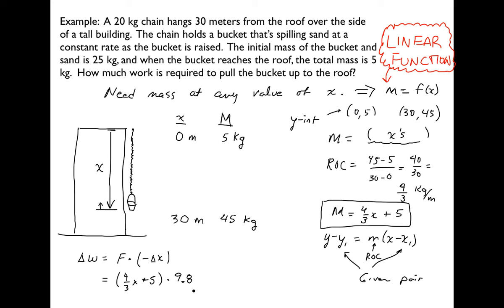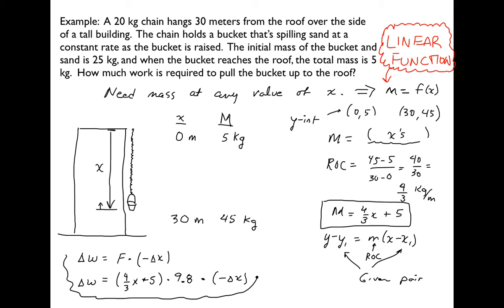So mg is F, right? So that's our little bit of work for x meters hanging down. This is the mass of that x meters, this is the weight or the force, and then we're going to move it up a little distance. So that's our little bit of work.